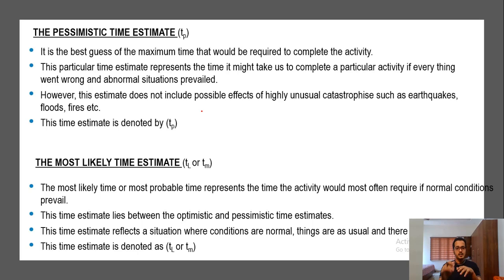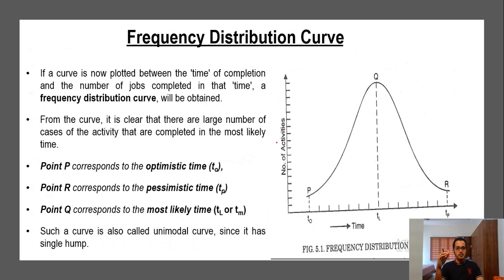The most likely time estimate, the third one, is normally a value that lies between the optimistic and the pessimistic time values. Here we consider the average, the normal situations prevailing.